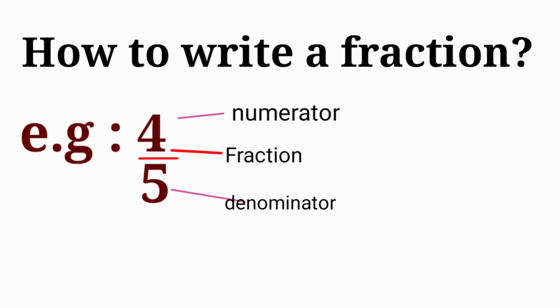You know everyone students, the upper number is called numerator and the down one is called denominator. And how to remember this: down means D, so the down one starts with D, that is denominator, and the up one is the numerator. There is one horizontal line in between, that is called a fraction or divided by, because in fraction we always deal with division.